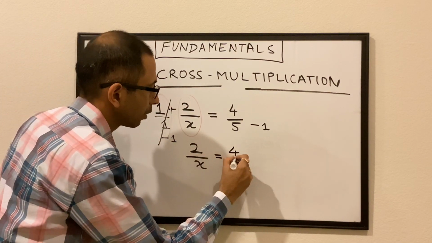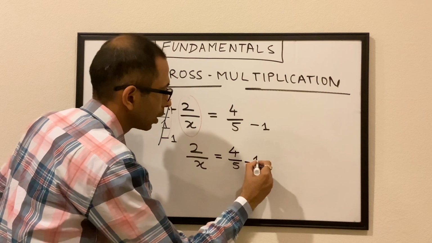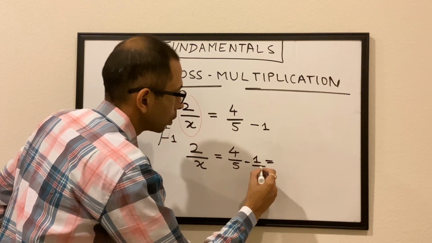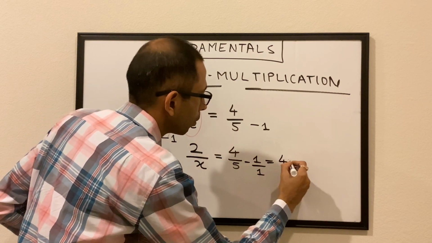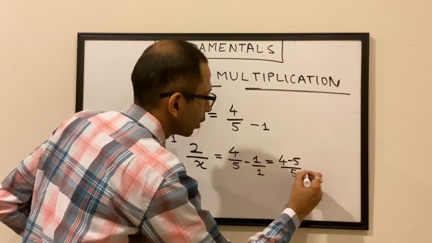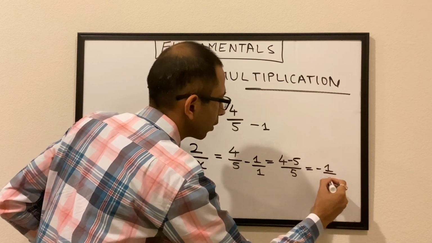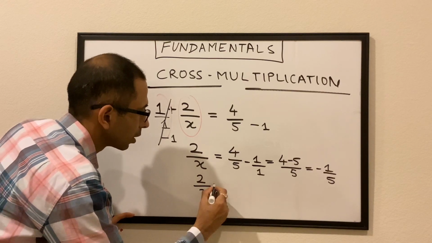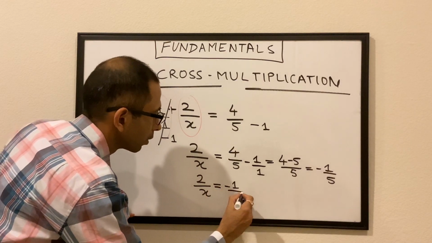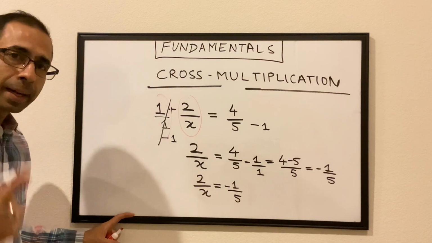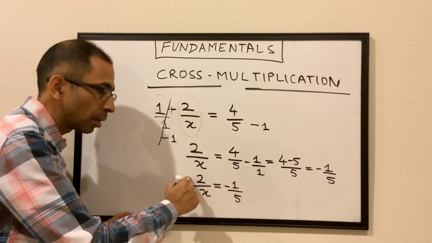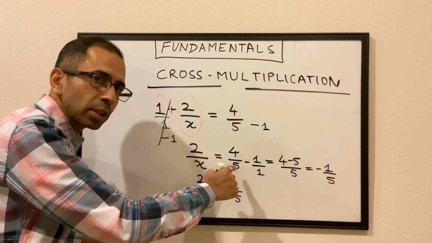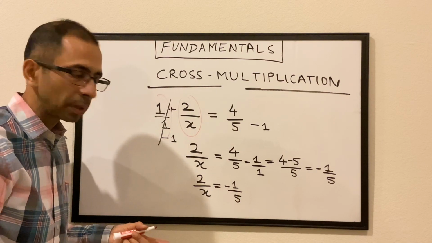And on the right side, we have 4 over 5 minus 1, which is equal to (4 minus 5) over 5, or minus 1 over 5. So essentially, we have 2 over x is equal to minus 1 over 5. At this point, we have a single fraction on the left and a single fraction on the right, and hence we can do cross multiplication.